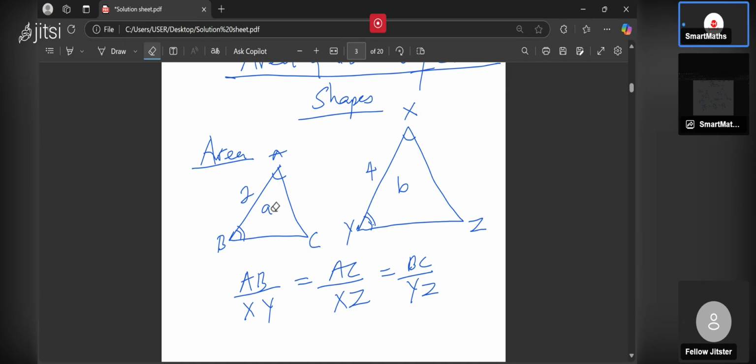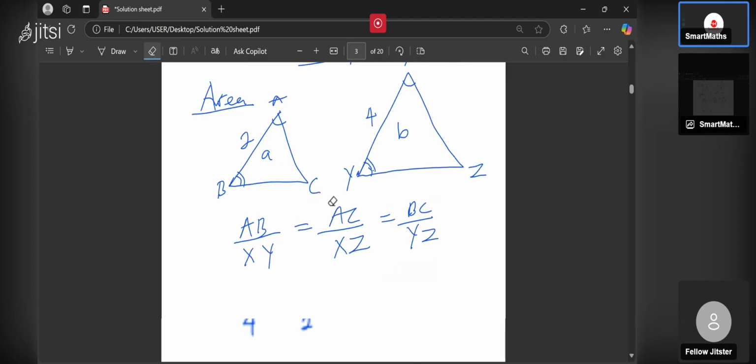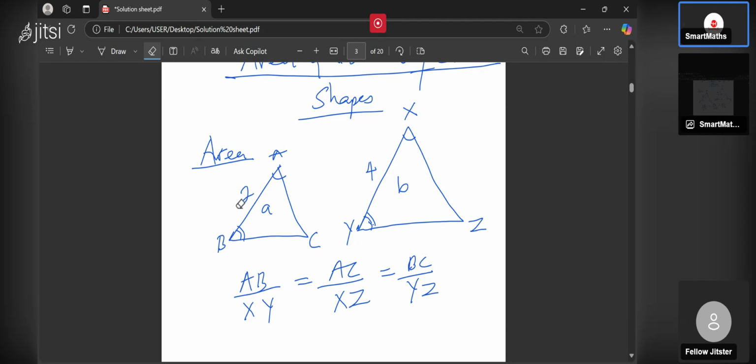So we now want to look at the scale factor of the enlargement. For example, if you look at this AB, to get the corresponding side, when you multiply it by 2, you get 4. If this side is 2, to get YZ it is going to be 6. And if this is 4, this one will be 8.